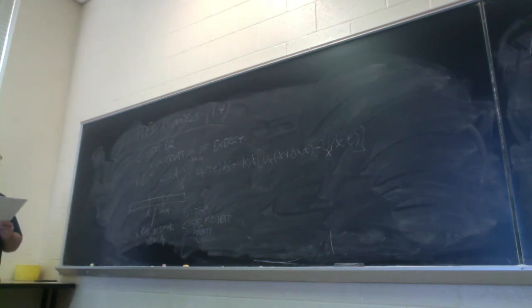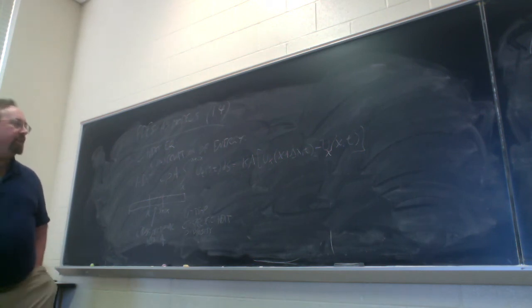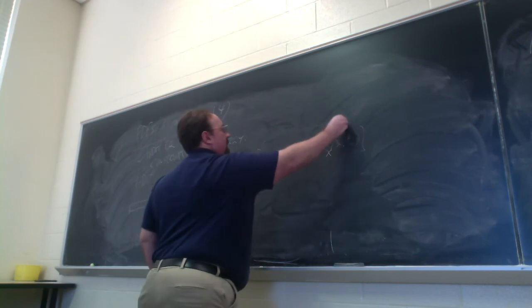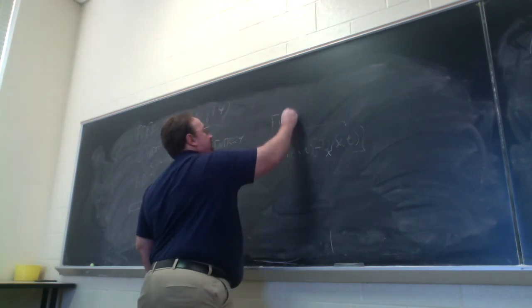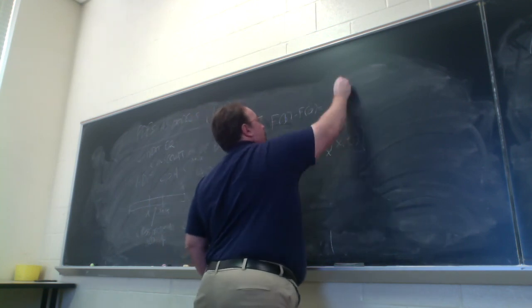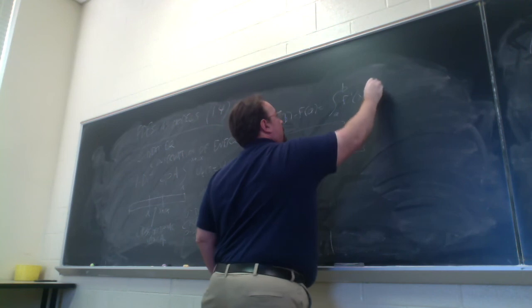All right. Now, what we can do is use the fundamental theorem of calculus in reverse. Because you can think of this as being like big F of b minus big F of a is the integral from a to b of big F prime of x dx.